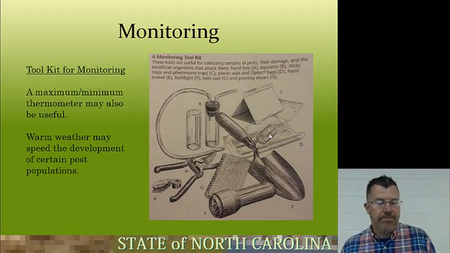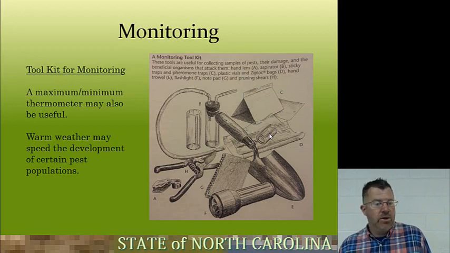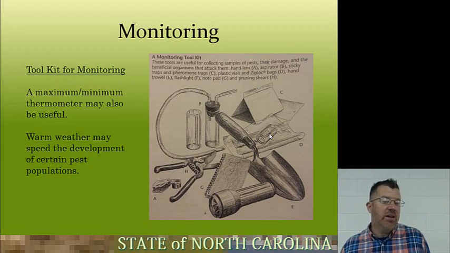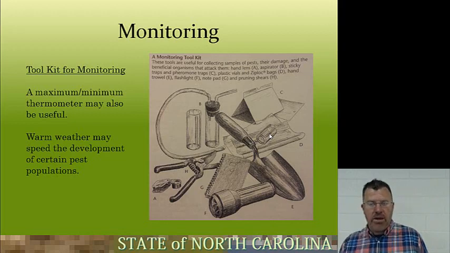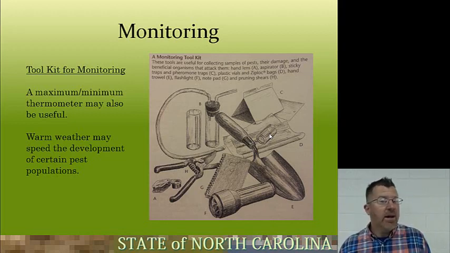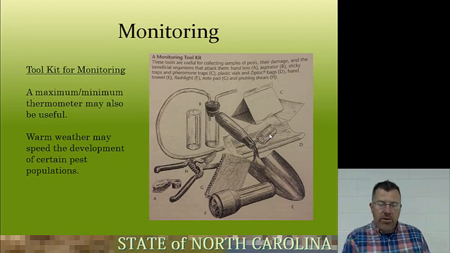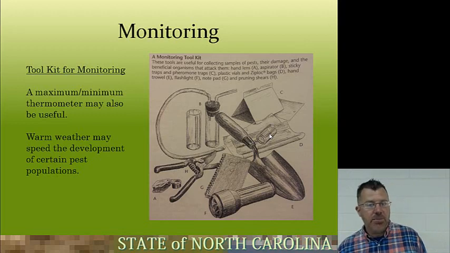Monitoring toolkit. You may want to take a thermometer with you, because warm weather may speed the development of certain pest populations. Also included in that monitoring toolkit would be a good idea to have a hand lens, a magnifying glass, an aspirator to suck up the pest so you can put it in a Ziploc bag or a vial.